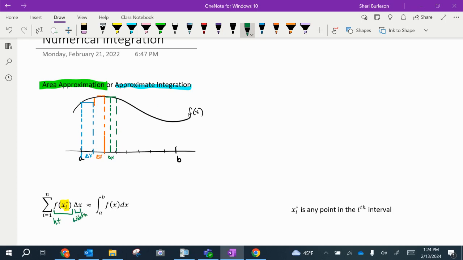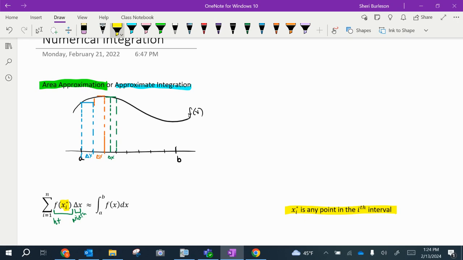So I was making an area calculation. But what this x sub i asterisk is actually saying is, I'm not saying left hand or right hand. I could, from any x value inside that interval, create a rectangle and add up all of those rectangular areas and get an approximation for that integral as well. So before we just looked at left hand and right hand, but now we have some more options.